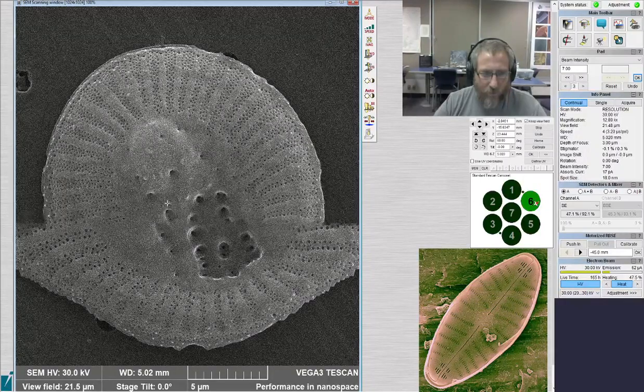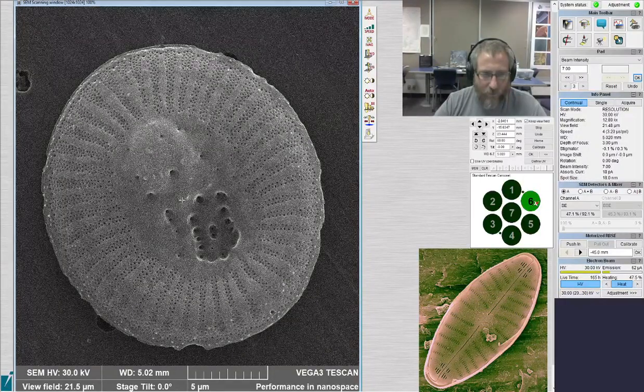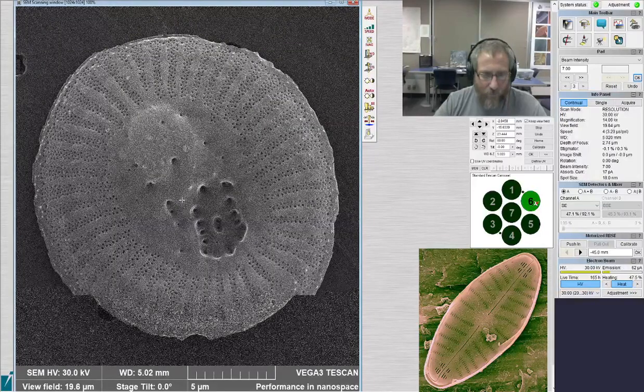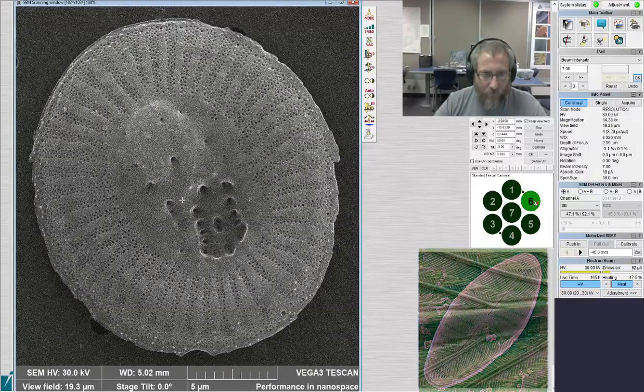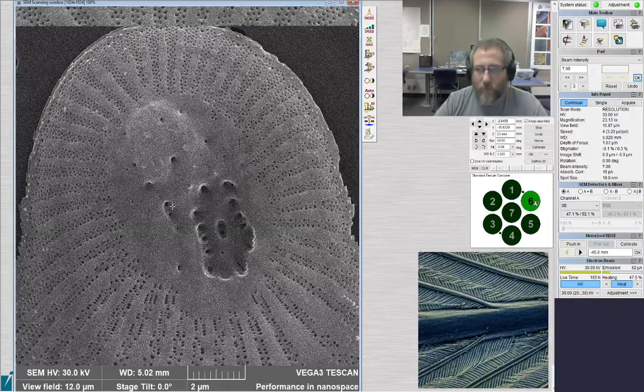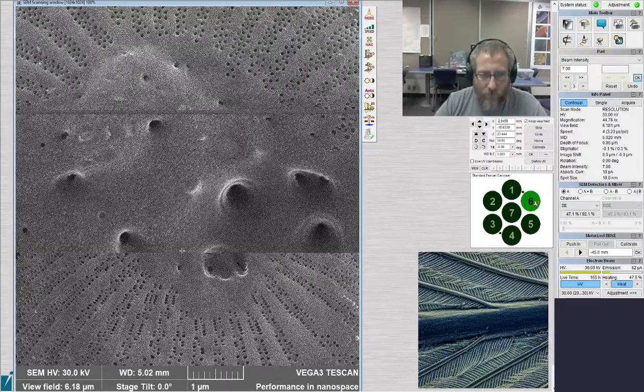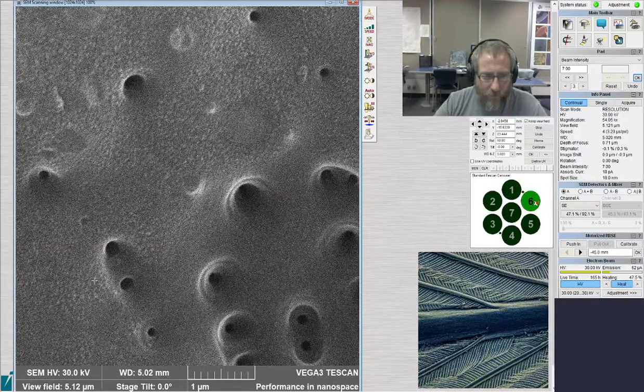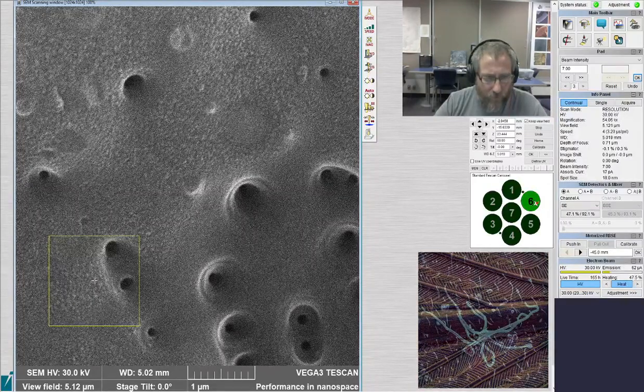Once we deploy them, they take readings every 30 minutes. So sometimes over the course of an open water summer season, you'll get 50,000 to 75,000 data points, depending on how deep the lake is. And it provides information that you simply can't get.